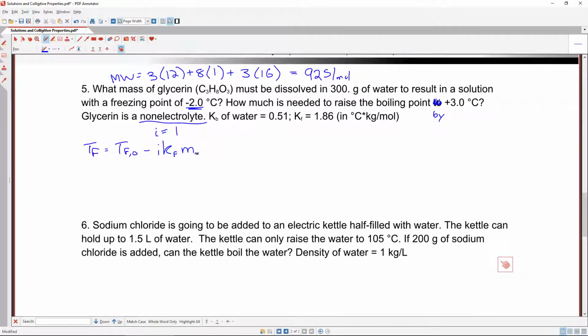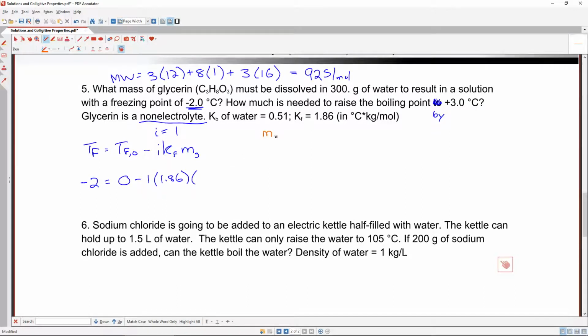I'm going to call it molality of glycerin with a G. Our freezing point of water is 0, and we know the Tf, so that's -2 is equal to 0 minus 1 times 1.86. And we need to get our molality of glycerin. I'm going to do that in a different color. Let's see which one. Orange. I like orange.